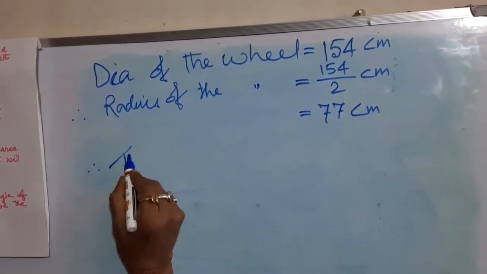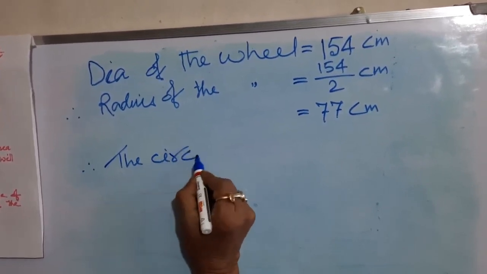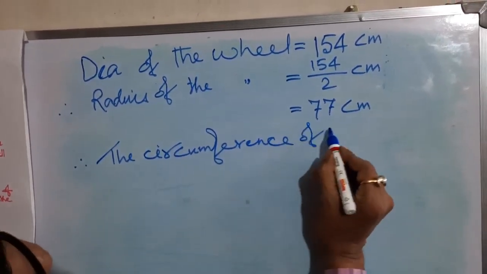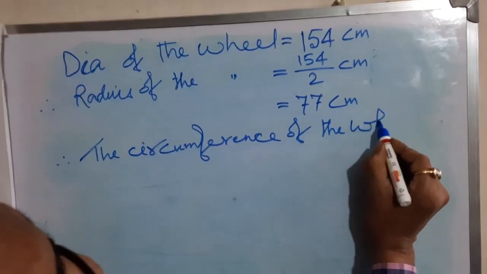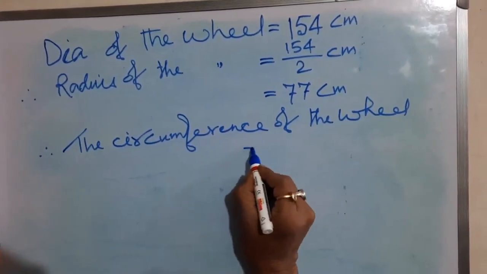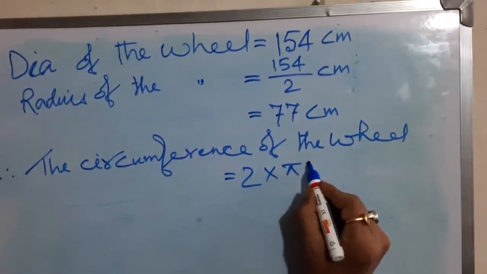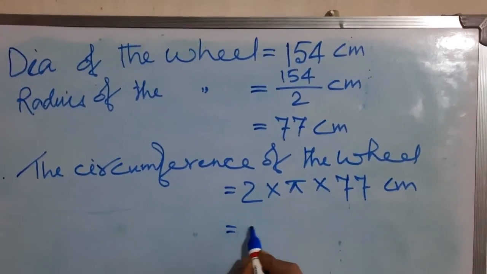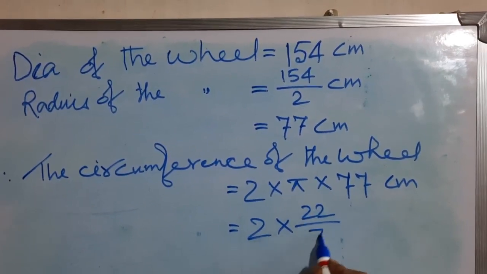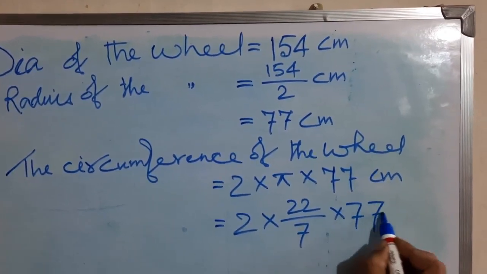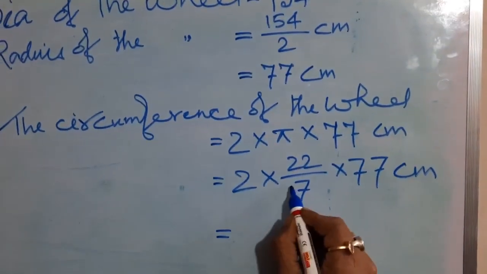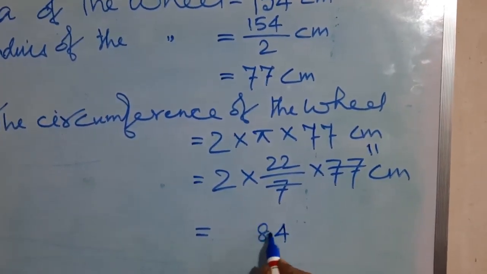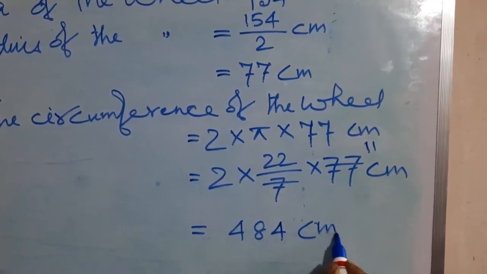Therefore, the circumference of the wheel is equal to 2 into pi into r, that is 2 into 22 by 7 into 77 centimeters, which is equal to 484 centimeters.